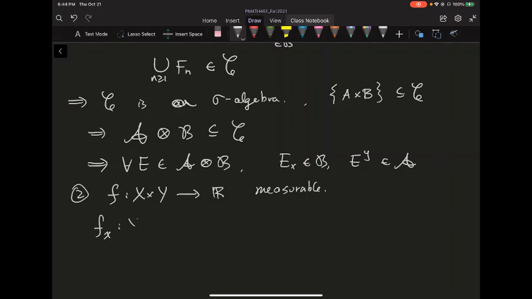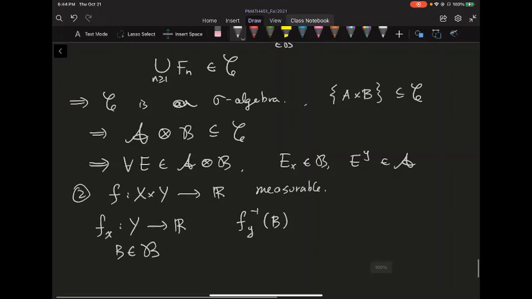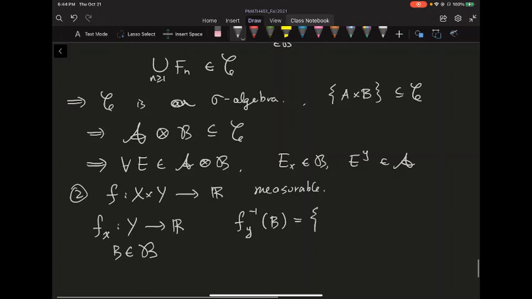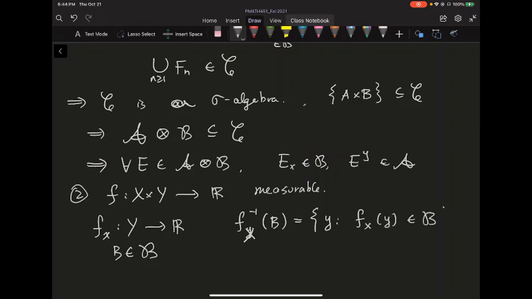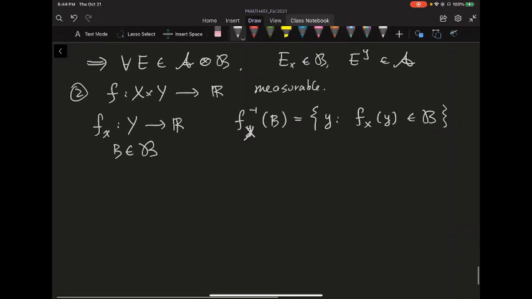So f_x is a function defined on Y to R. The f_x inverse of an element B, so let's take B inside the sigma algebra on R, by definition, is all the y, sorry, this should be x, all the y such that f_x(y) is inside B. That's just the definition of the pre-image.